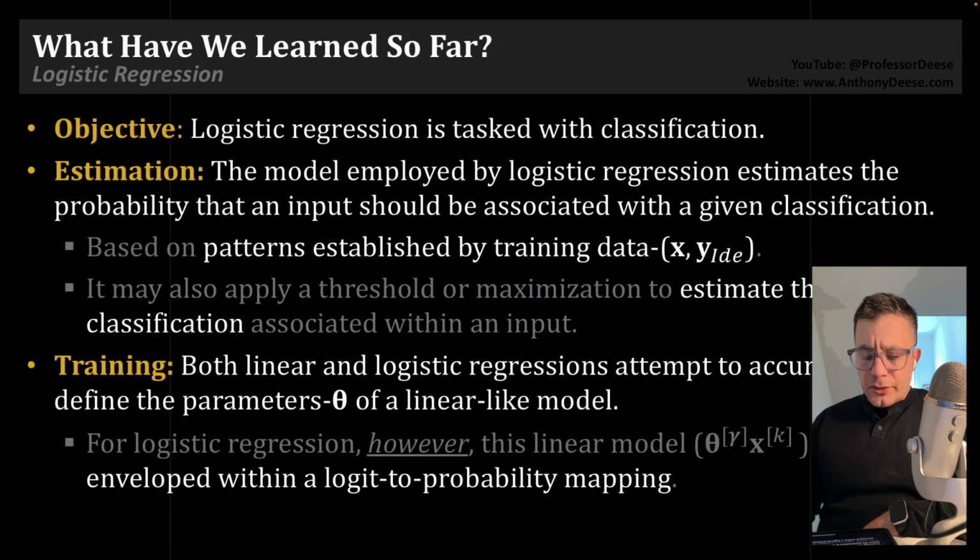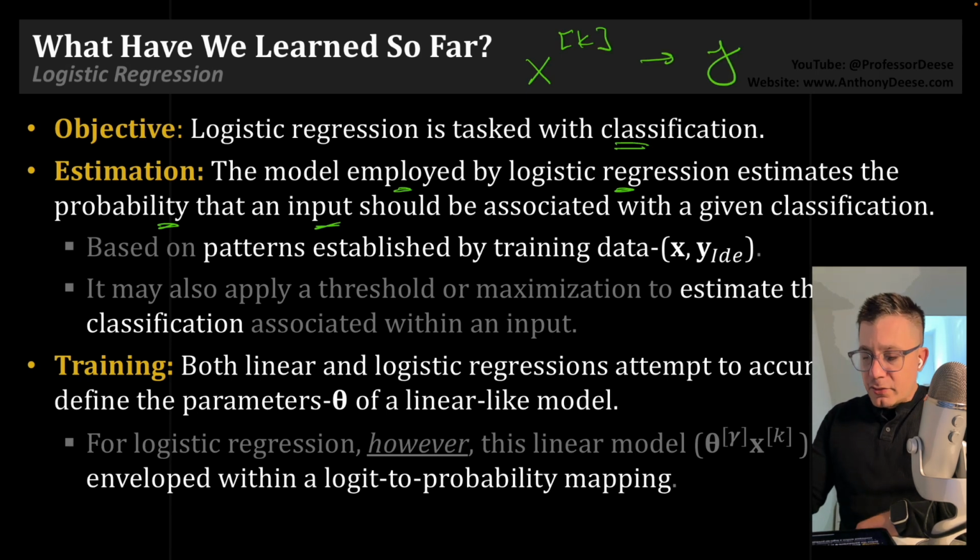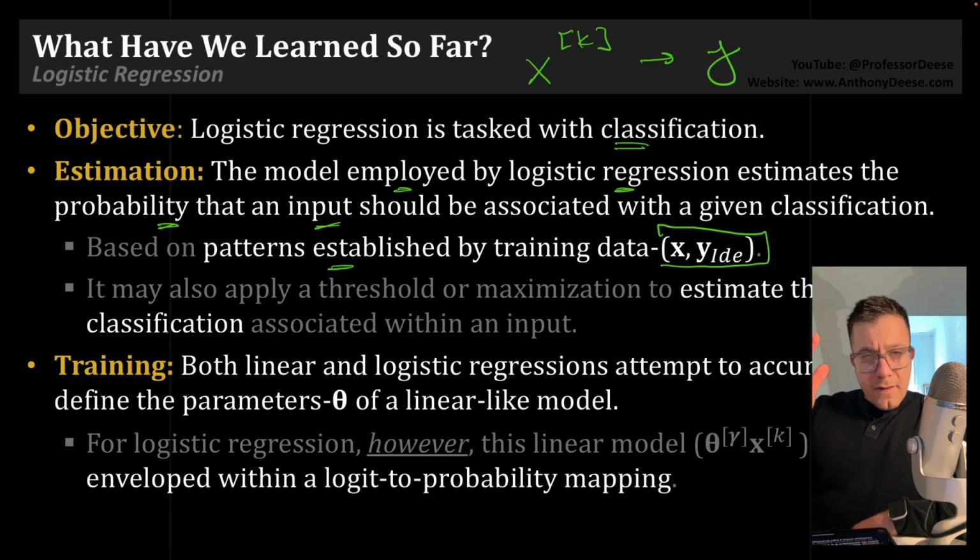So what have we learned so far? A little bit of a recap here. Logistic regression is tasked with classification, and the model employed by logistic regression estimates the probability that an input, which we've been calling x superscript k, should be associated with a given classification that we've predominantly been using gamma to represent. It's based on patterns established by the training data, where the training data is essentially the collection of the inputs and their associated ideal outputs.